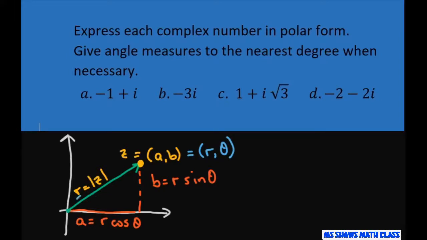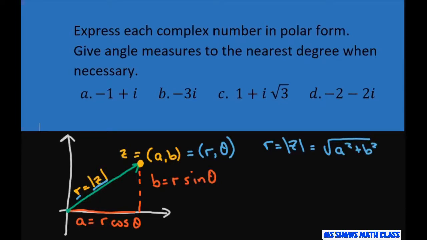And r equals the absolute value of Z. So basically Z, which is r, equals the square root of a squared plus b squared.